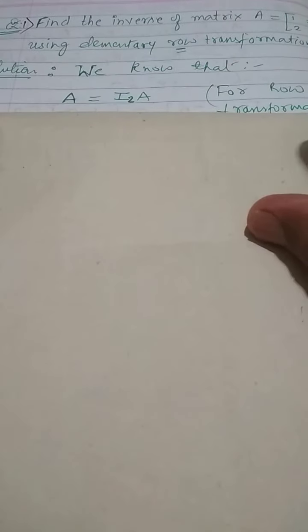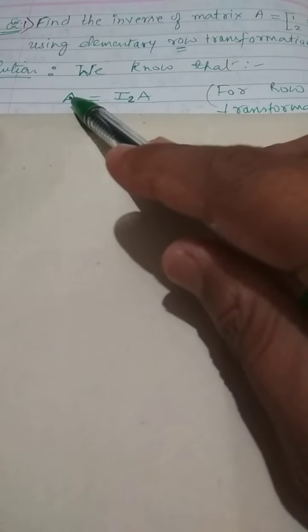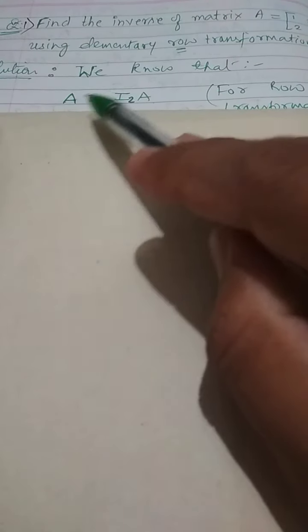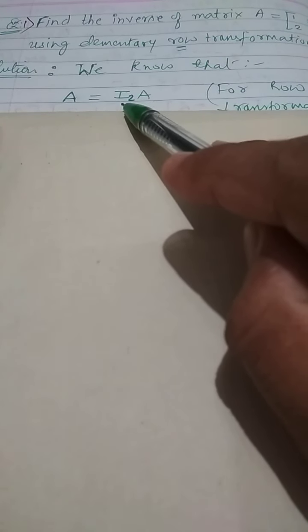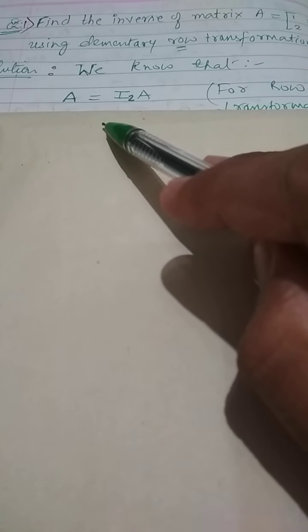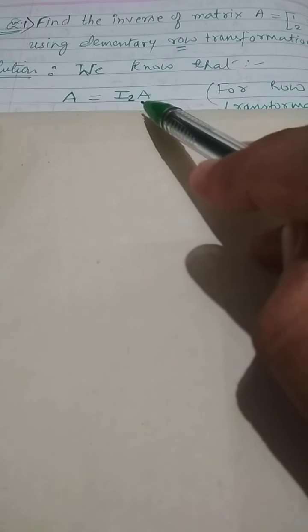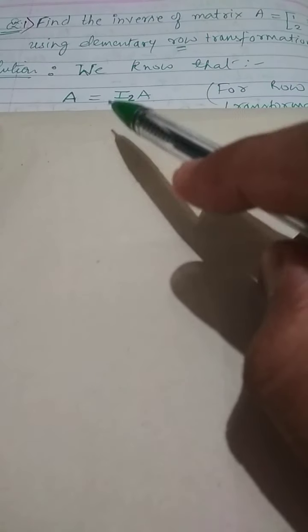Now, the procedure is we have to reduce matrix A to the identity matrix [1, 0; 0, 1]. Then automatically the transformed identity matrix is going to give you the inverse of A, and A will be written as capital A like this only till the last step.